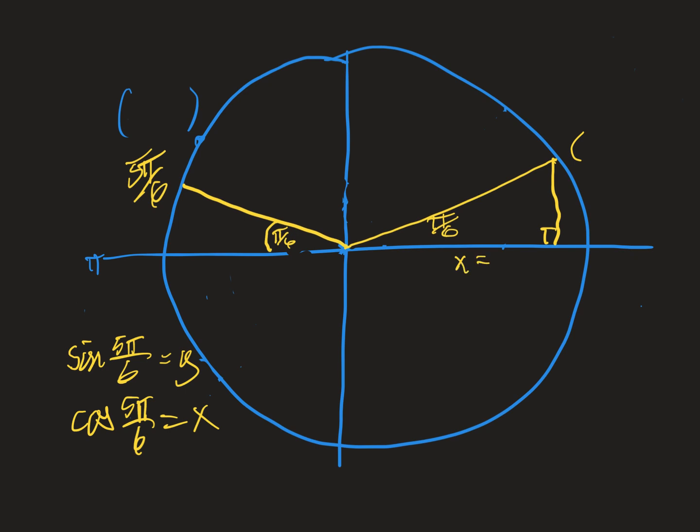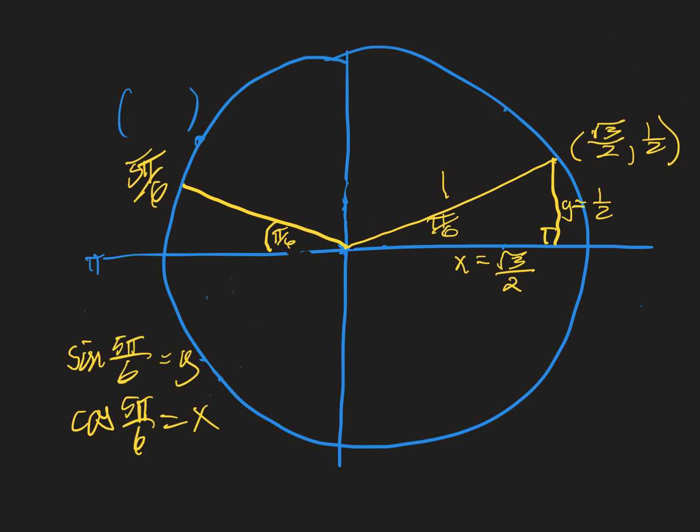This is the x, this is the y. And pi over 6 is 30 degrees. This radius is 1, so the y value will be 1/2 because the short leg is half as long as the long leg in a 30-60-90. And the x value is square root of 3 times the short leg. So this is the ordered pair that we need to know.